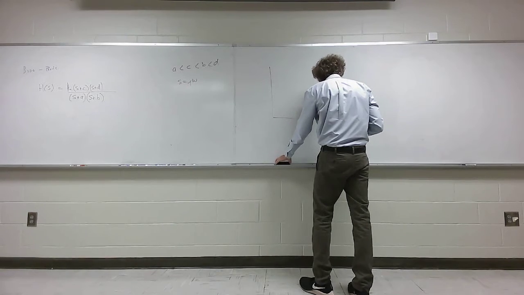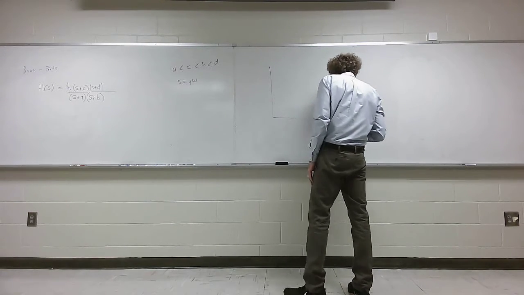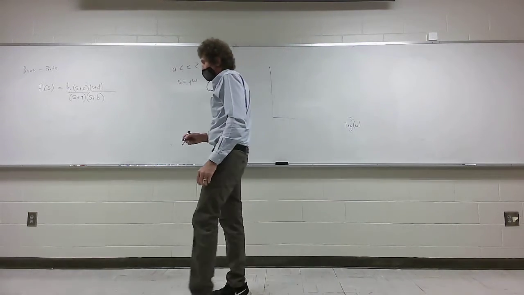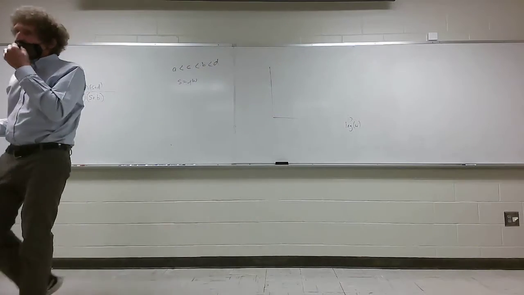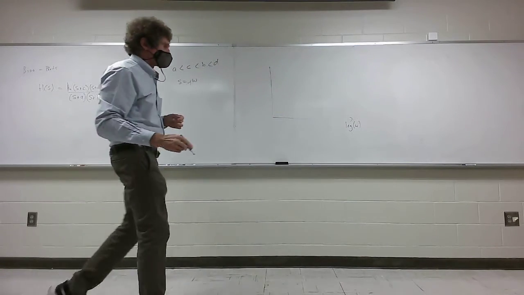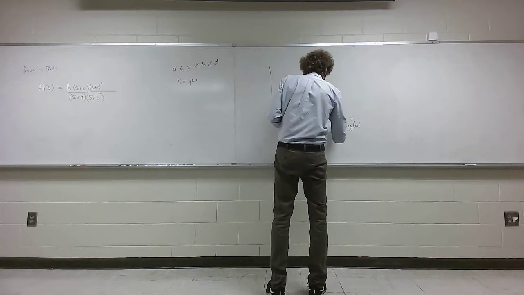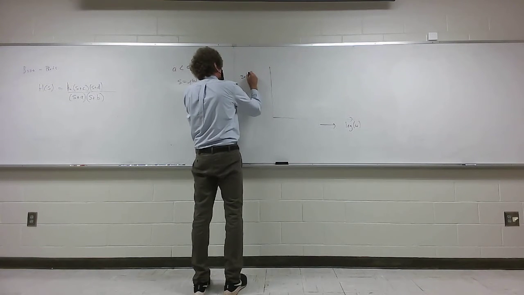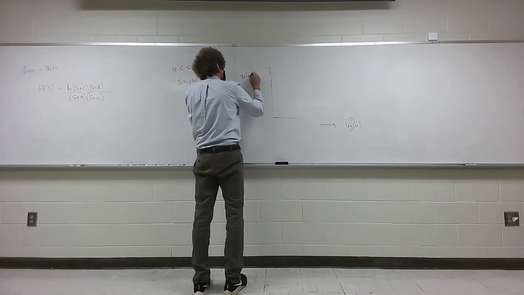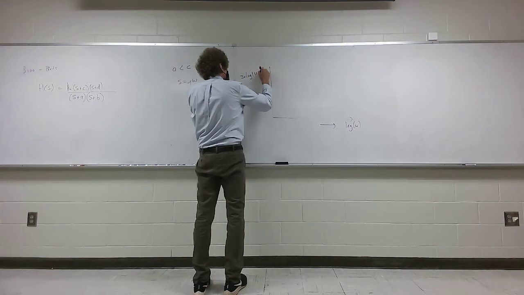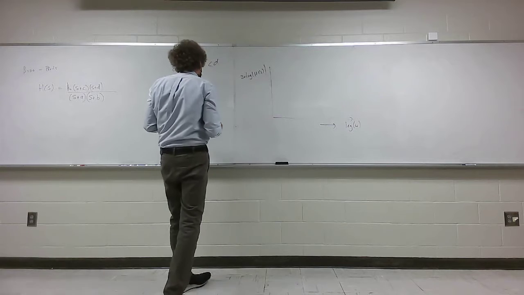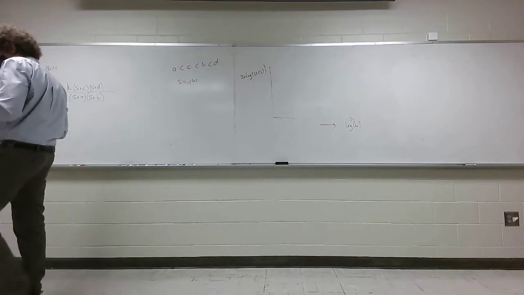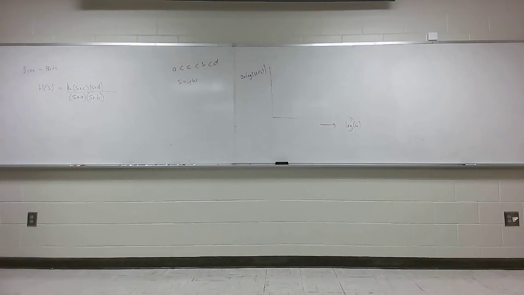Actually, I'm just going to put log of omega here. Sometimes they put magnitude of S. Sometimes it's log of F on this axis, right here. And here, we plot 20 times the log, that's a base 10 log, of the actual function H of S when S becomes J omega. Is everybody clear on that?